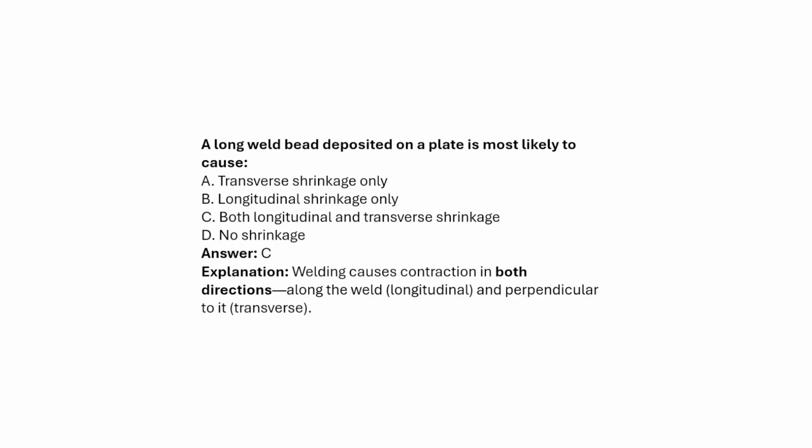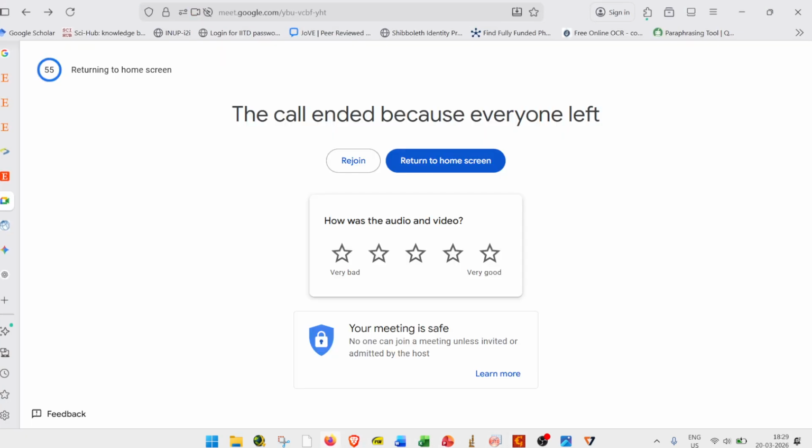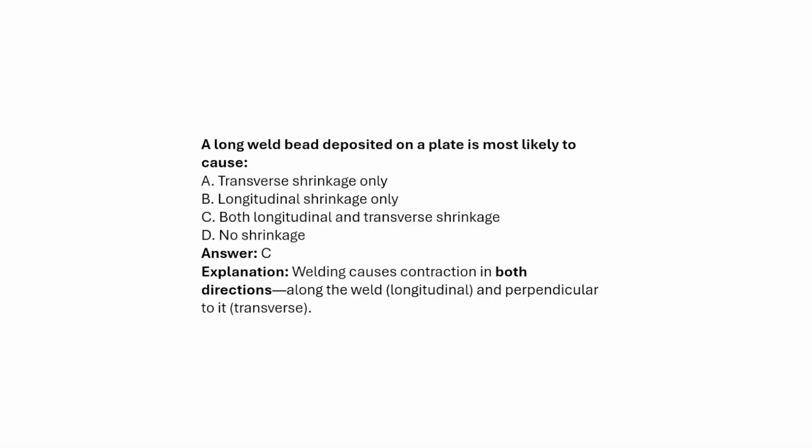So the answer will be both longitudinal and transverse shrinkage. Welding causes contraction in both directions, along the longitudinal and the transverse direction.